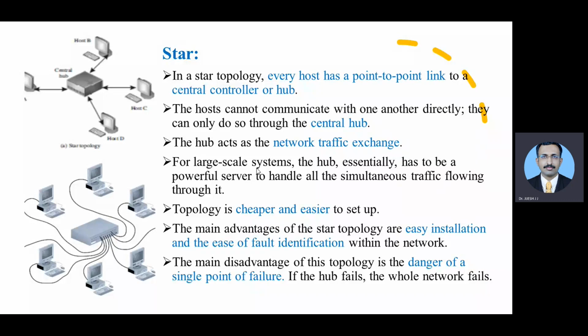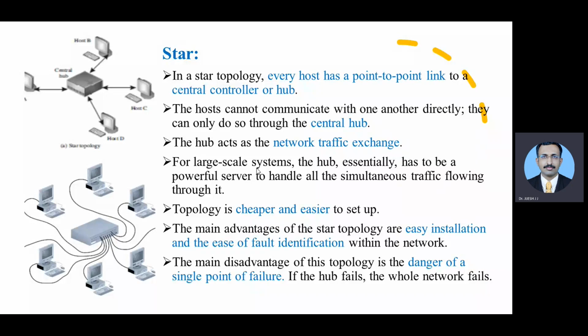So it's very important to understand that each host is connected to the central hub, and you have to make sure that whatever data transfer takes place between host A to B or B to C, it has to pass through the central hub. And once it is passing through the central hub, what is the advantage?